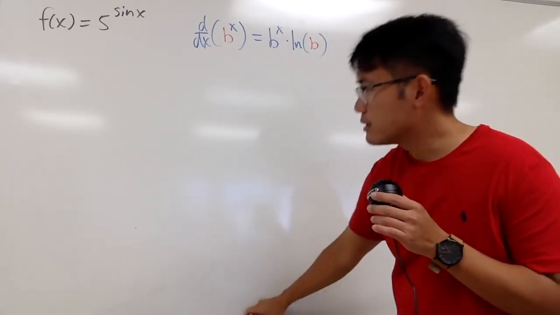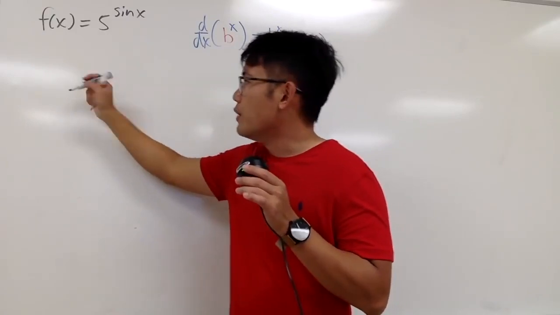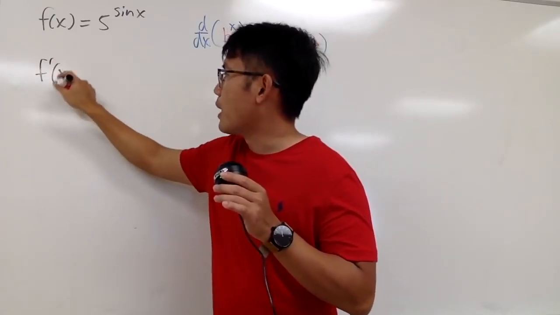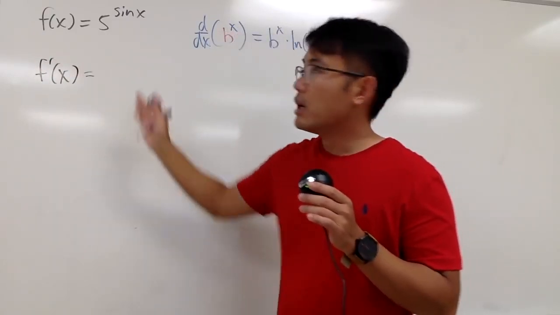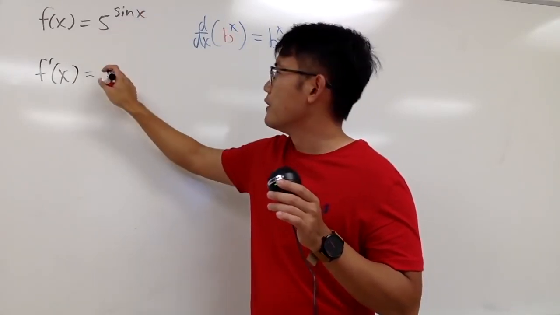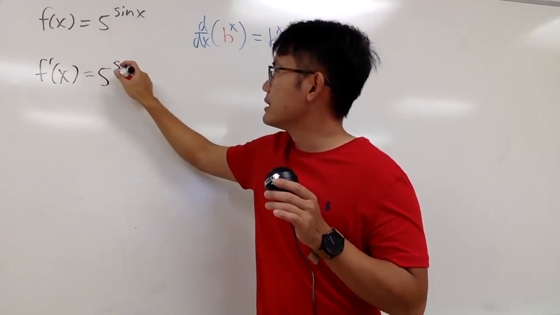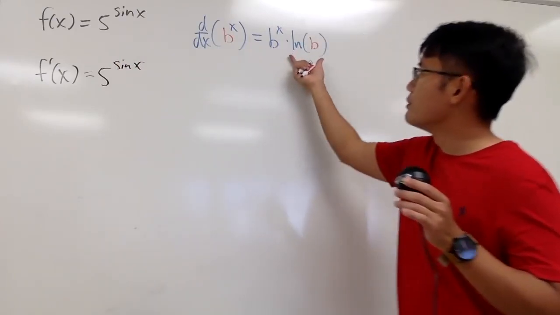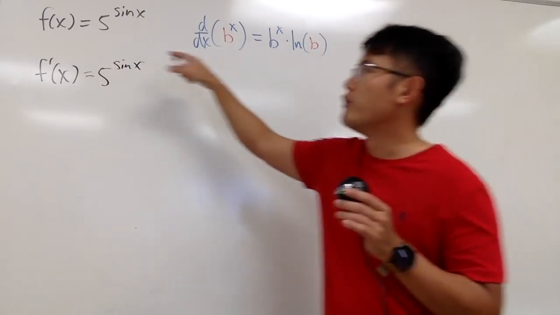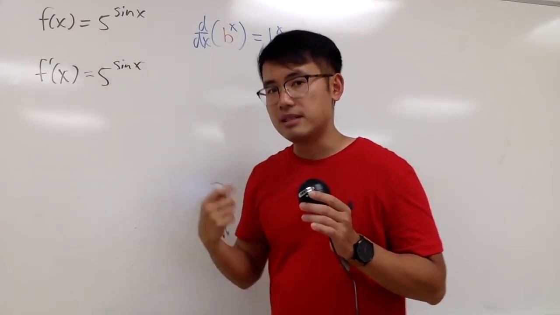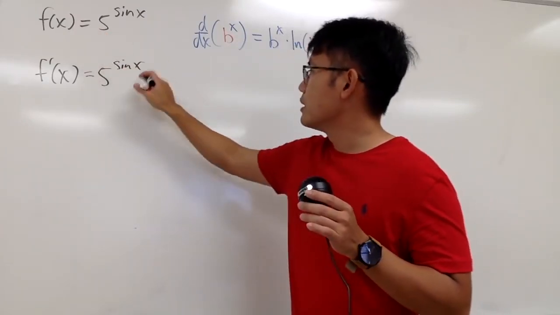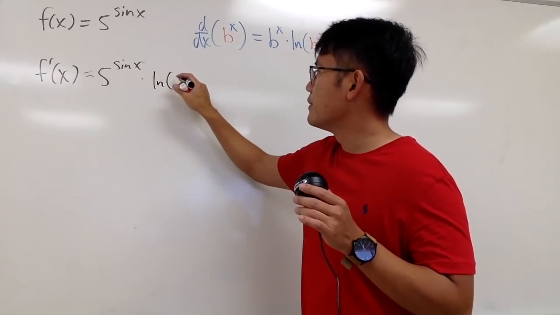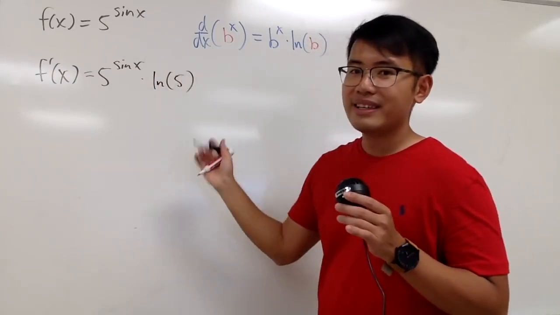So I'll put down ln b like this. So if you guys look at this right here, the derivative of 5 to the sine x power is going to be, this part repeats first, 5 to the sine x power. But don't forget we have to multiply by ln of whatever the base is, if the base is a constant, right? By that formula. And the constant is 5, so ln 5, like that.